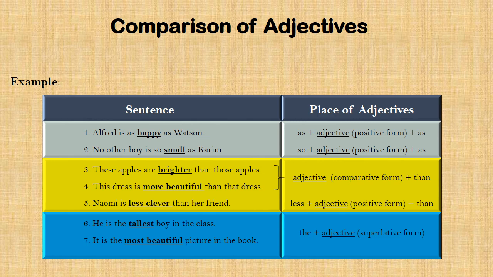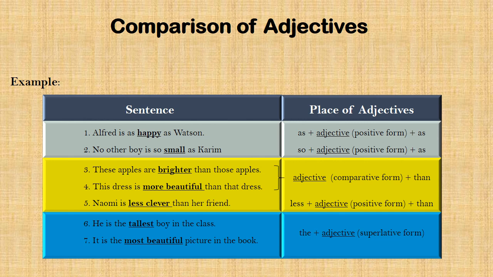This is an example of positive degree. When the gap is between as and as, or so and as, we will have to use the positive form of adjective in the gap. In this sentence, the positive form of adjective between as and as will be used. And that word is happy.